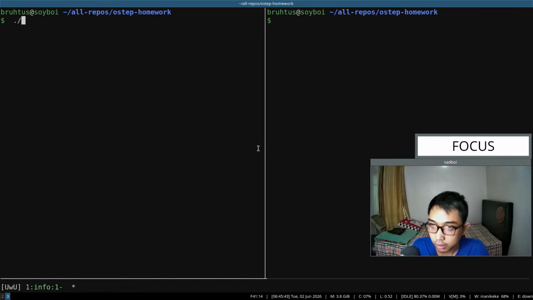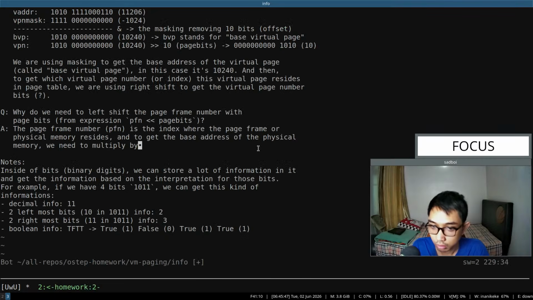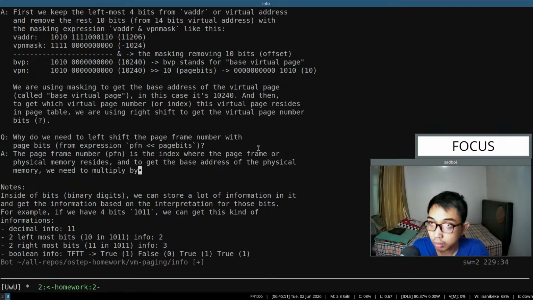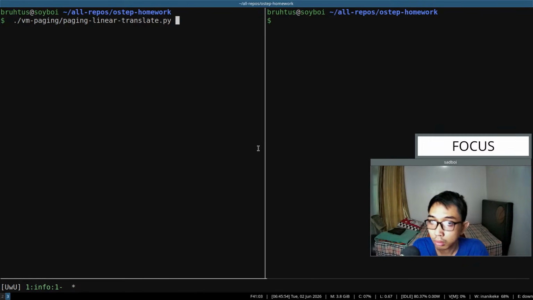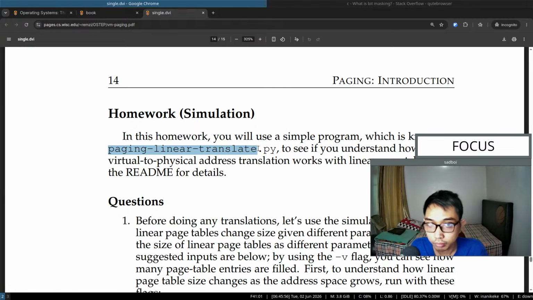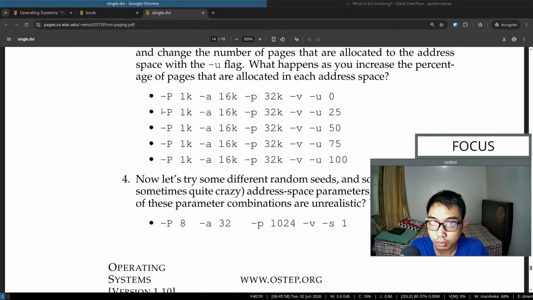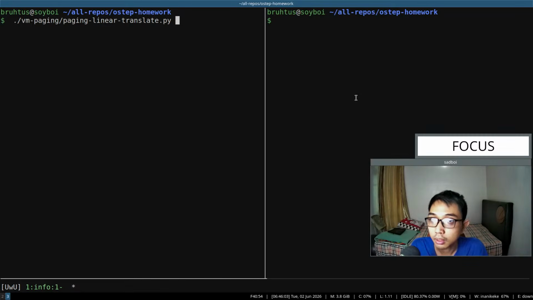Let me try running the script. We are using this flag: 1K, 16K, 32K, verbose, and then 5.